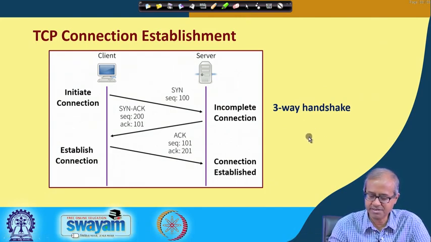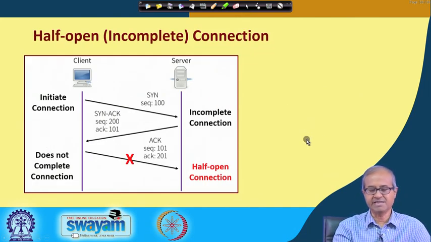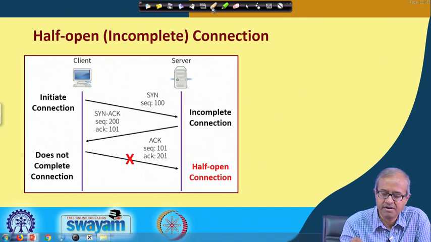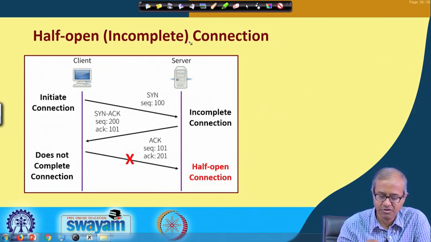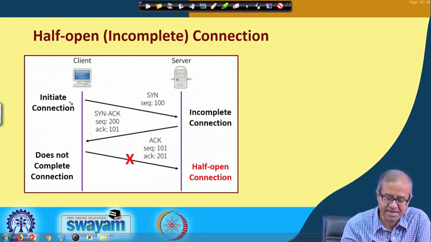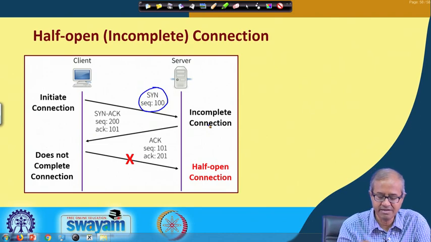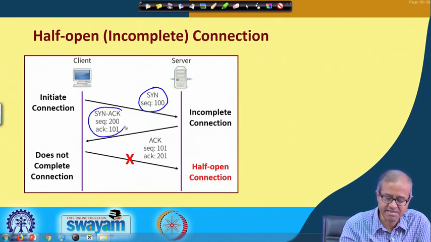But look at a scenario like this, which we refer to as a half open or incomplete connection. Well, in that same diagram I am showing, the client is sending a request, and the server gets that request. So, it gets ready for the connection and sends back a SYN ACK.